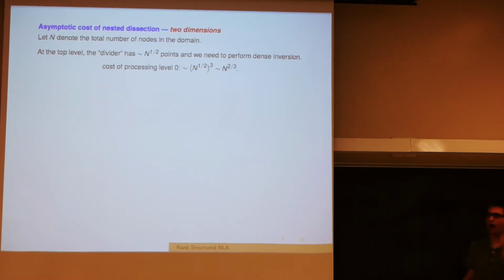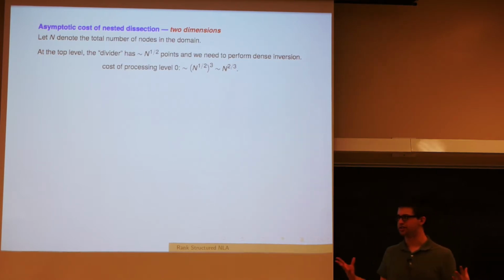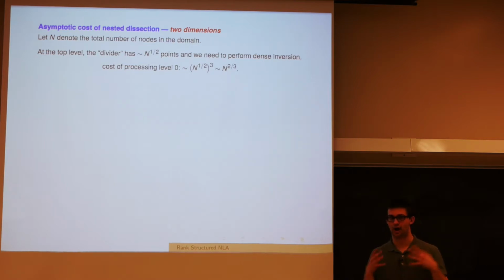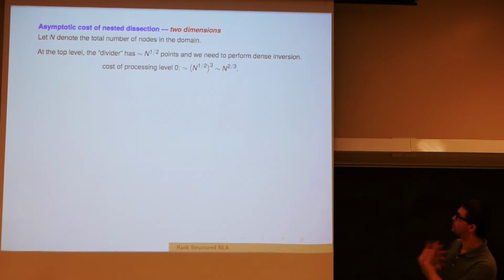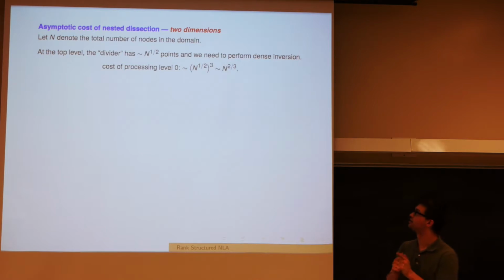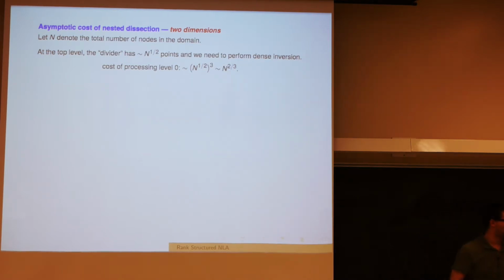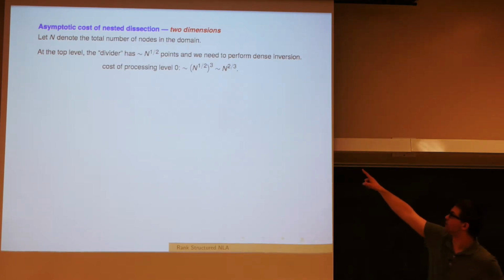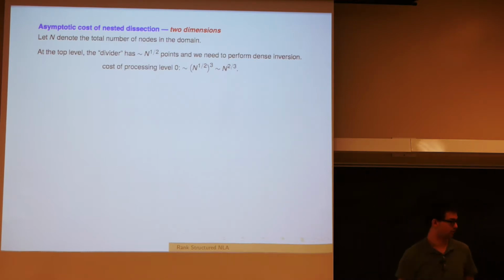Okay, so how much did we save in terms of doing this nested dissection? This is a hierarchical operation, so we have to think about it level by level. At the top level, the divider has square root of n points, and we need to perform dense inversion on the very small matrices. So we cube this square root of n term, and we get n to the 3/2.